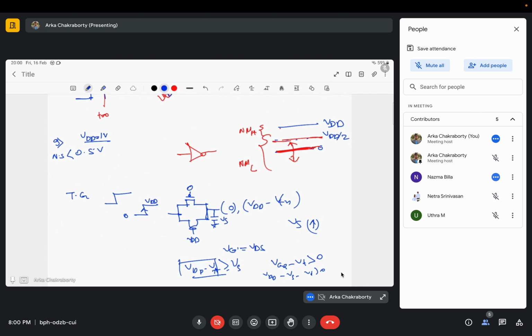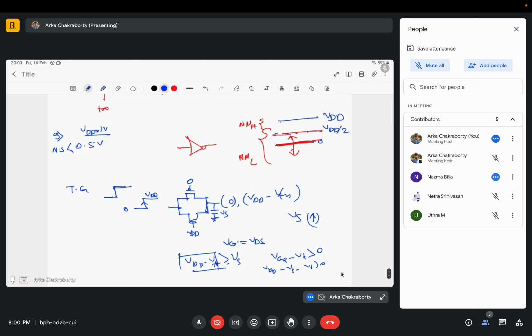Why have you marked it, why the marking scheme is given in such a way? If this is the statement you are saying, then my VS would be charged. Oh, okay. See, this would have been the condition for a pass transistor logic.